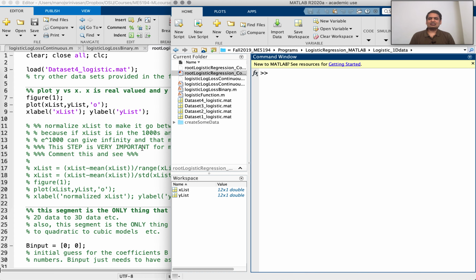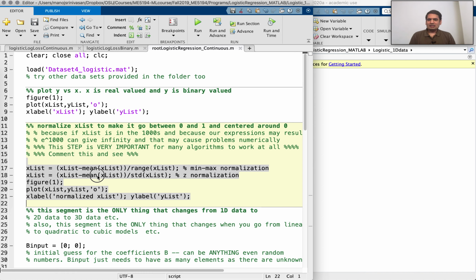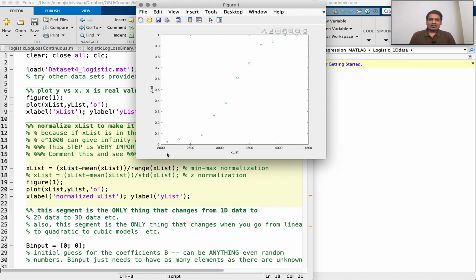I'll leave that as an exercise, perhaps. But what we're going to do is uncomment this piece. What this does is run this, and here the x's range in the many thousands.